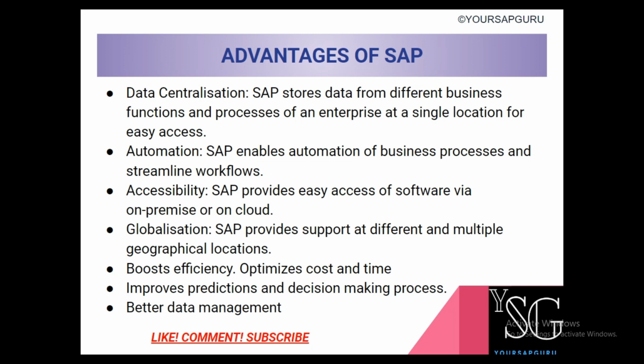Automation: SAP enables automation of business processes and streamlines workflows. We have a release strategy implemented in SAP, which gives us an approval workflow for purchase requisition and purchase order, which we will understand in a future lecture.